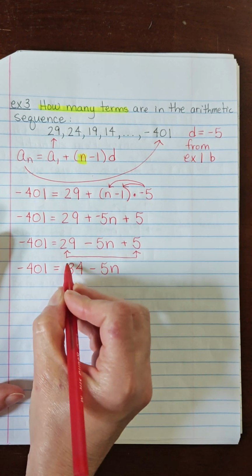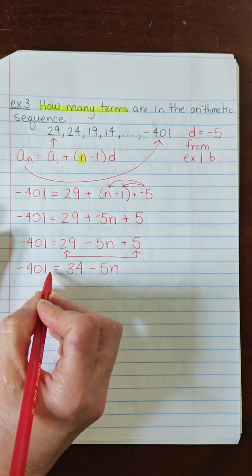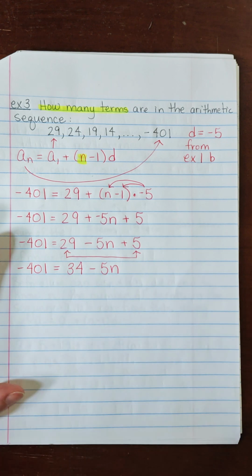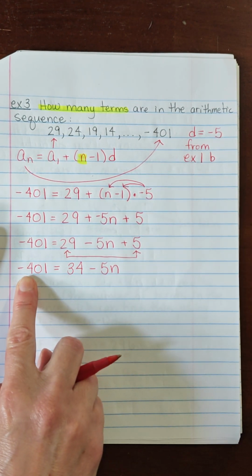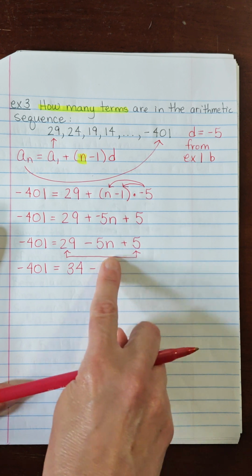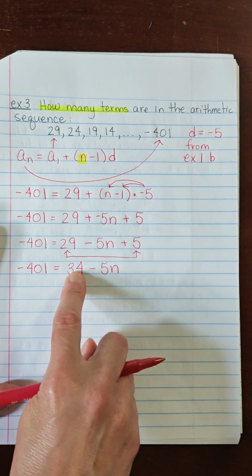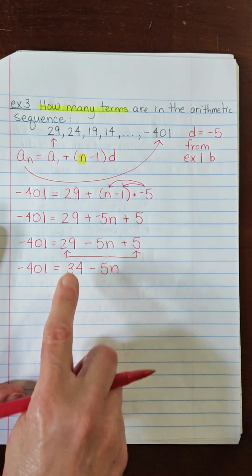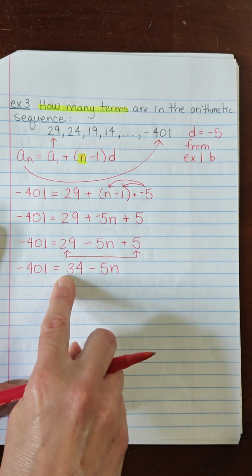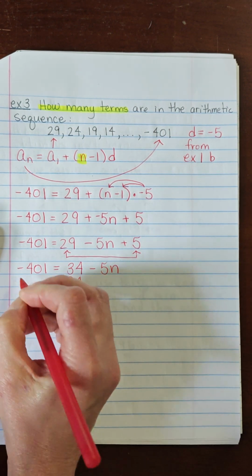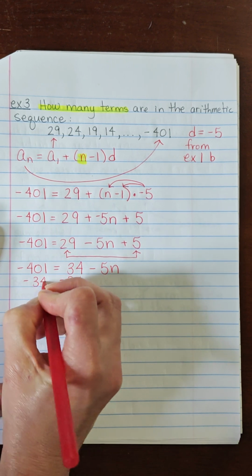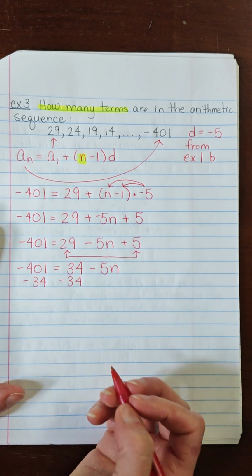This 34 can be combined with this constant over here because they're like terms, but they're not on the same side of the equals. I have to move them to the same side. So my goal is to get the n by itself. So let's move this one away from the n. It's a positive 34 because there's no sign there. So I'm going to subtract 34 from both sides of the equation, both sides of the equal sign.